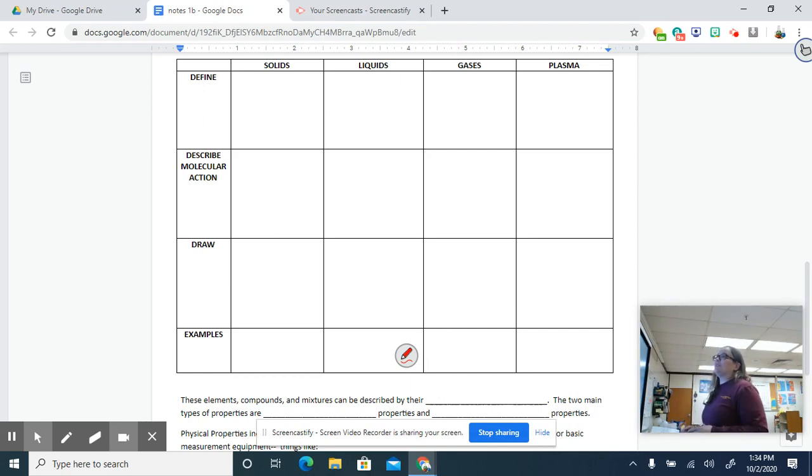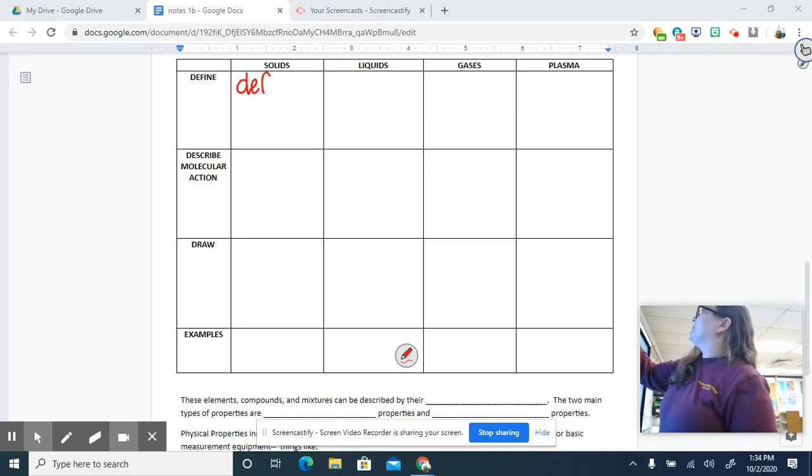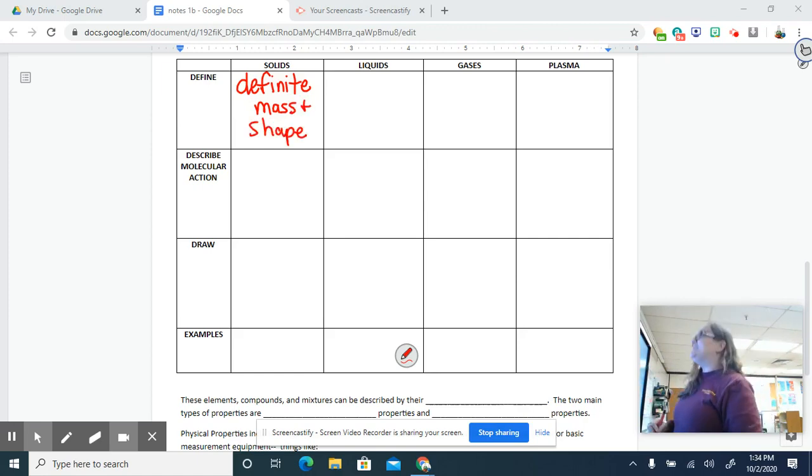All right, so we're going to define. So for a solid, what is our definition of solid? So we want to think about what is happening to a solid. It has a definite mass. It has a definite shape. All right, so liquids, they have a definite volume, but they take the shape of their container.